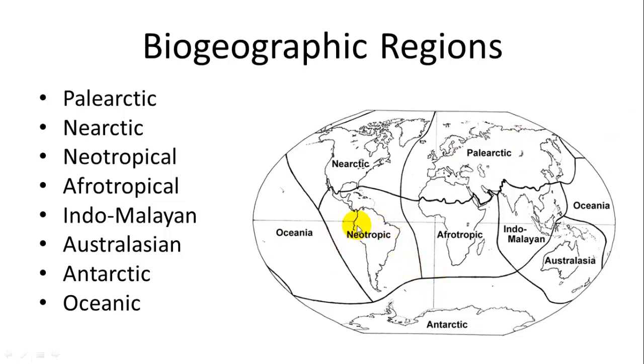Then you have Neotropics, Afrotropics, Indo-Malayan, Australasian. These are all southern, mostly tropical regions. The Antarctic, and then the ocean. Okay, so we can make general observations about these different regions and the mammals that existed there.